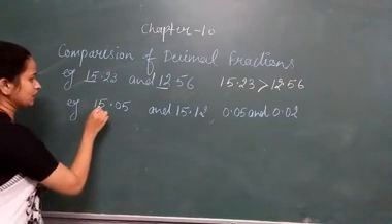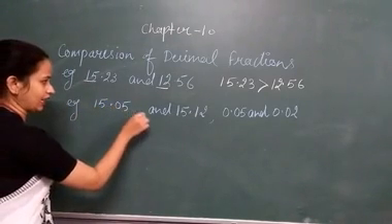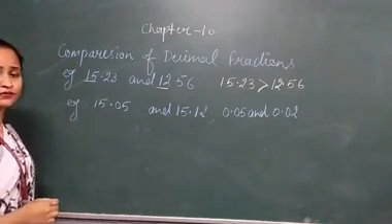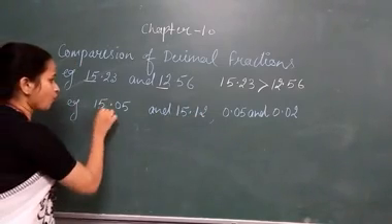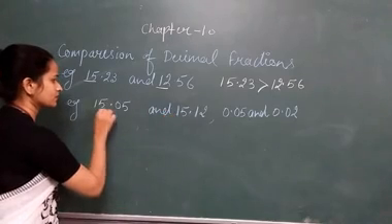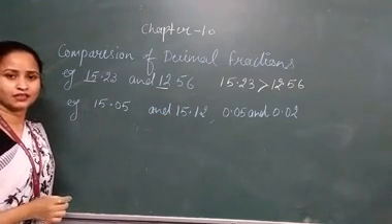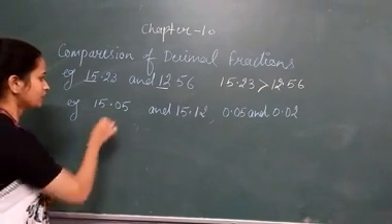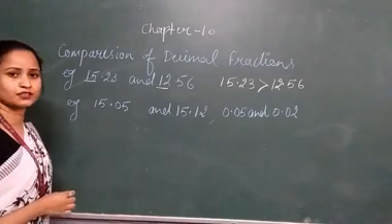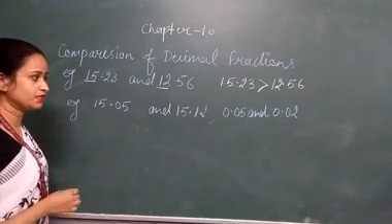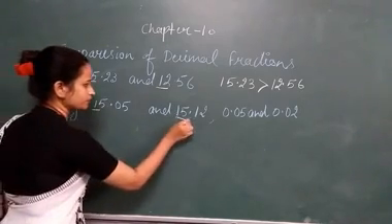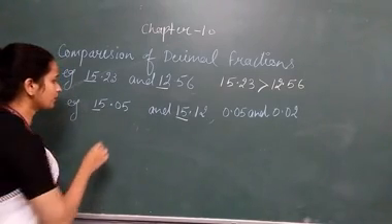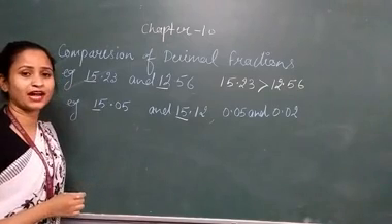One more example. 15.05 and 15.12. If whole number is same, then we compare the decimal fraction by their tens. Means it is same, 15 and 15, so we will not compare. Now we will compare the decimal fractions by their tens.